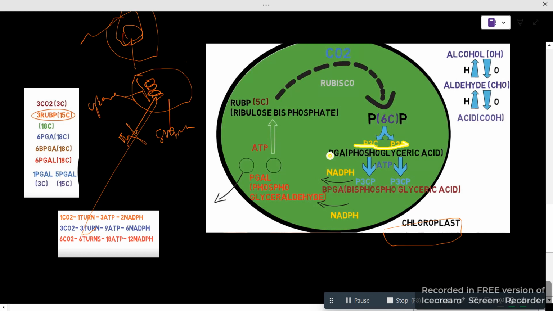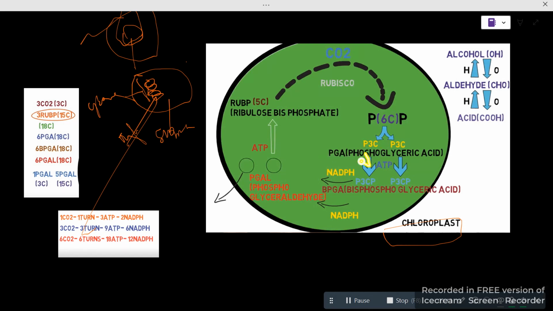Here they use PGA, phosphoglyceric acid, and they found 2 more phosphate, which is P3CP, and in this you will find NADPH. Here you find 2 NADPH. That is bisphosphoglyceric acid.